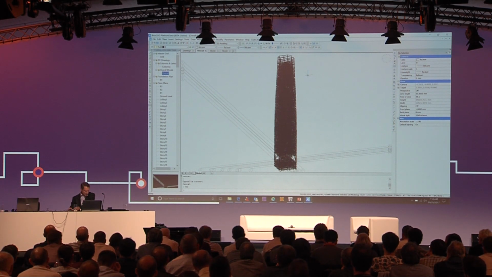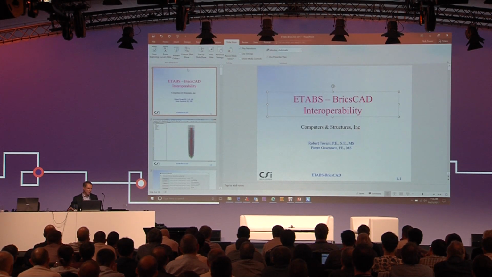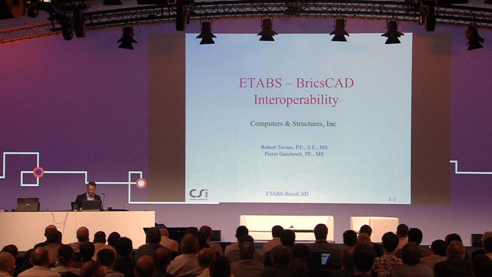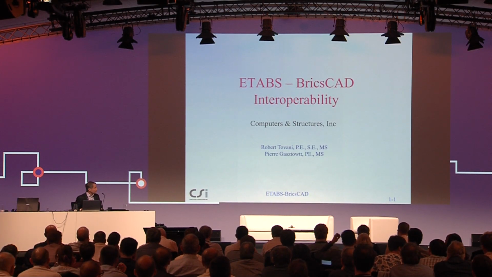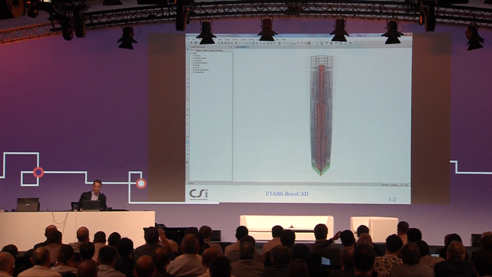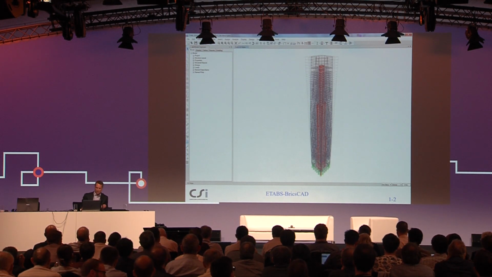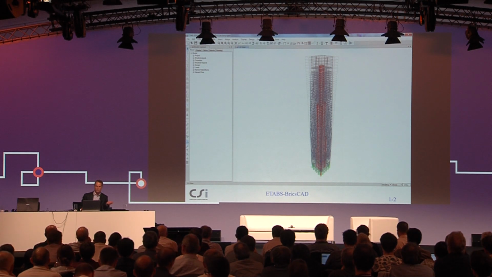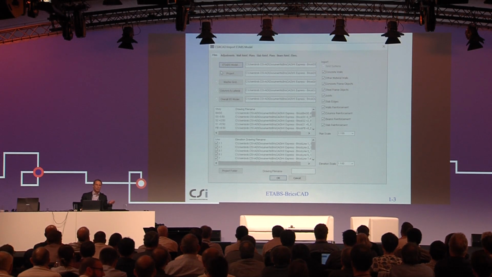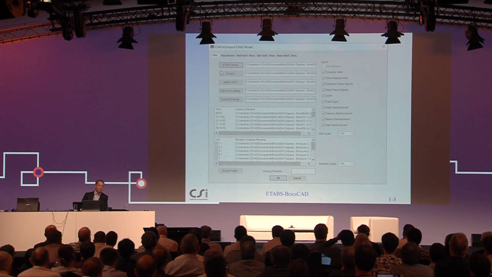I'm just going to walk through a couple of examples here because I just wanted to show you a couple of different examples. So here is the Etabs tower. This is 320 meters. And then when you hit that CrossCAD button, you'll see a menu like this.